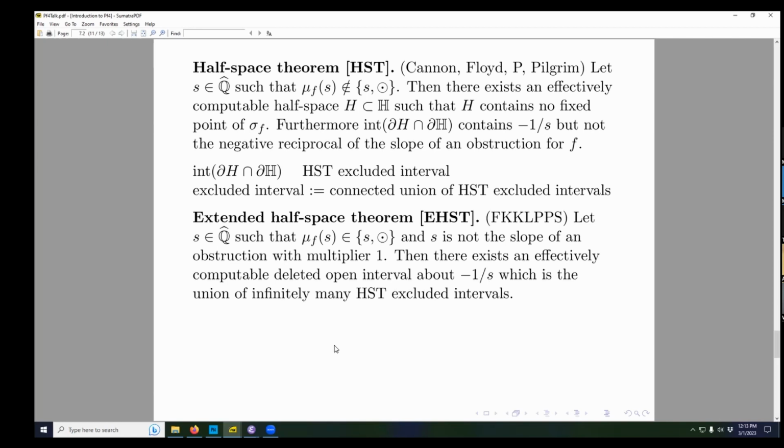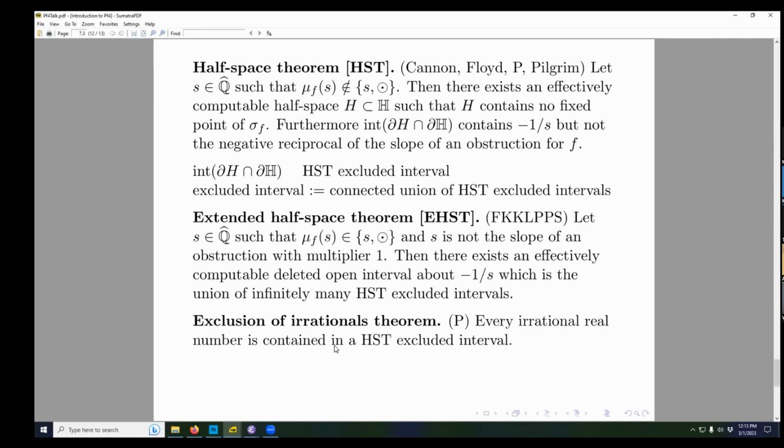Okay, between these two theorems, we have covered the extended rational numbers, essentially. What about the rational numbers? For irrational numbers, I was able to prove that every irrational real number is contained in a half-space theorem excluded interval. We always get every irrational number inside a half-space theorem excluded interval.